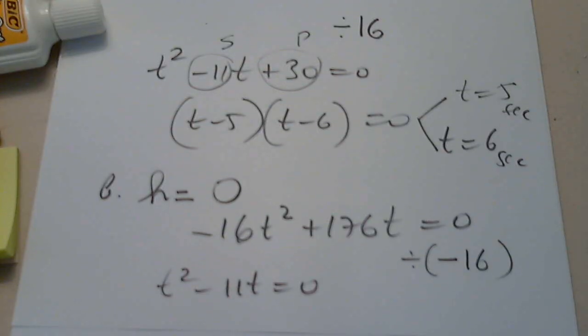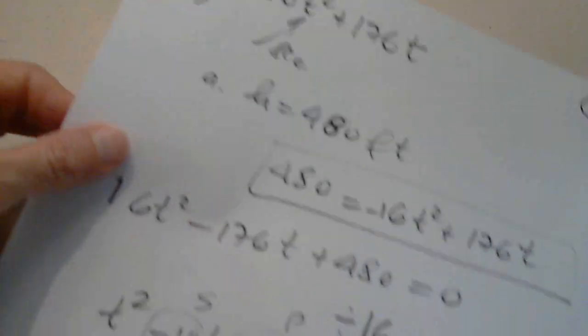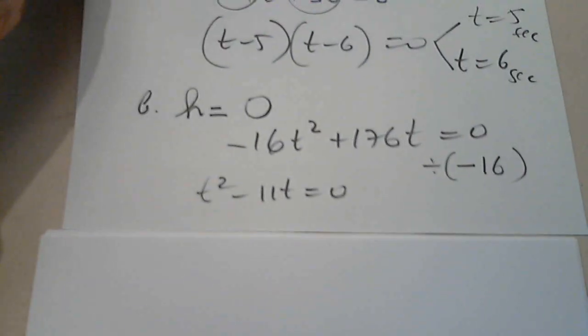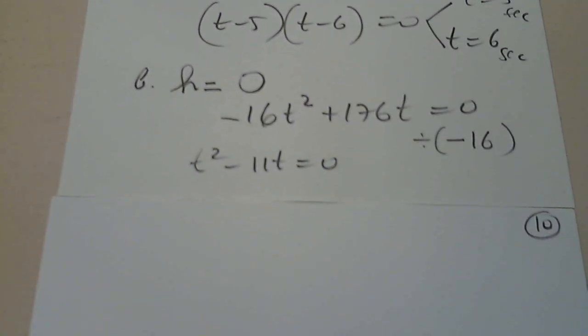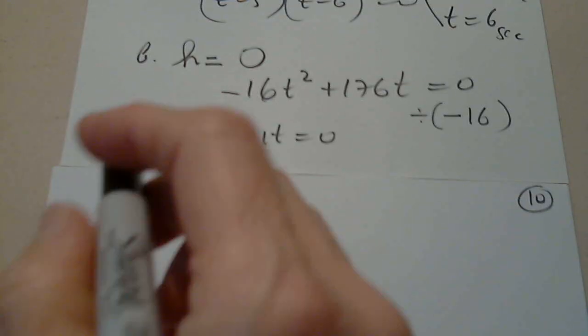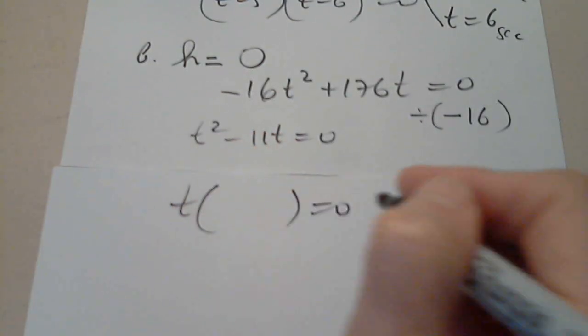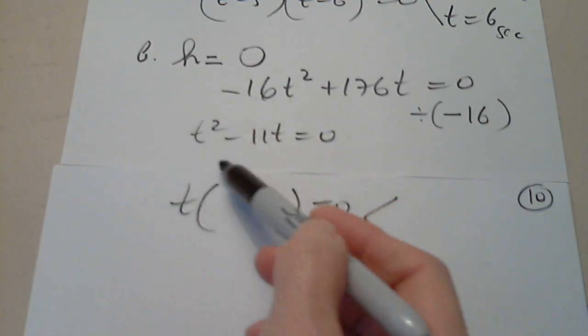Excellent. Of course, I have to factor out the greatest common factor. The greatest common factor is t. What is left in parentheses? And I know I have to get two solutions because the polynomial is quadratic.